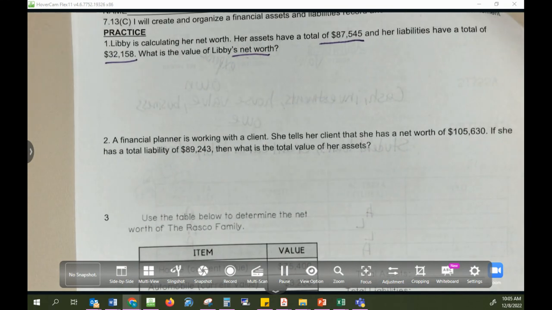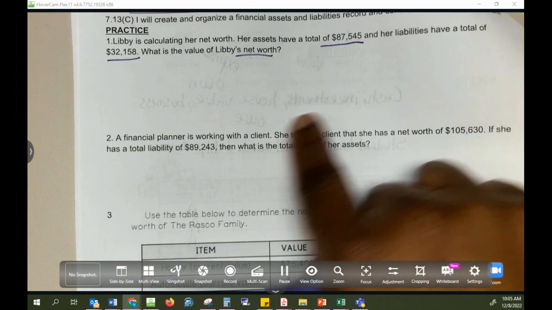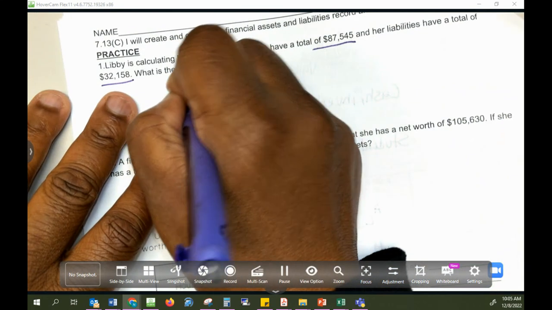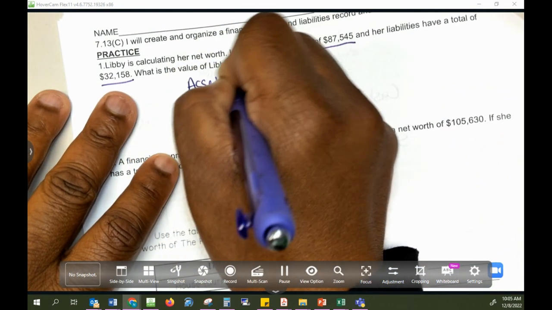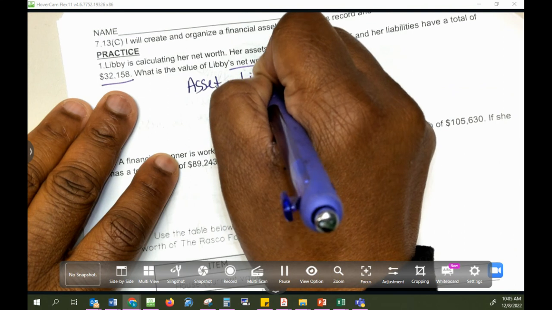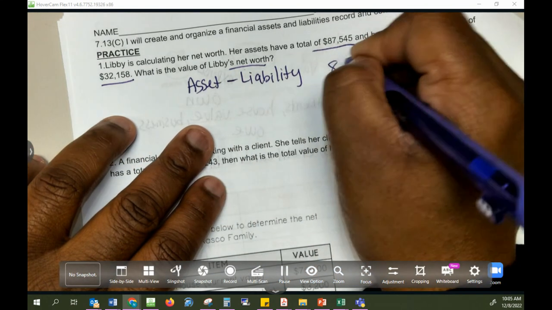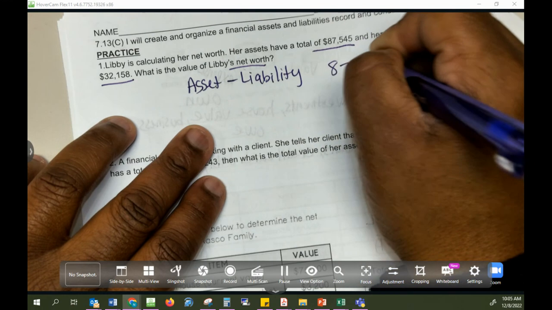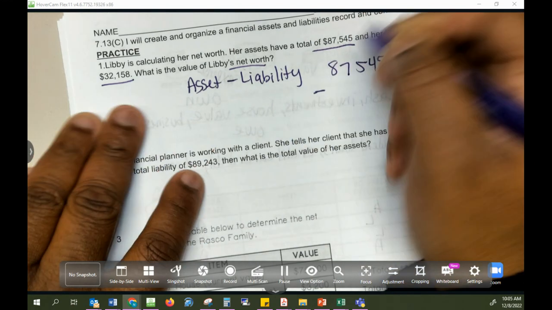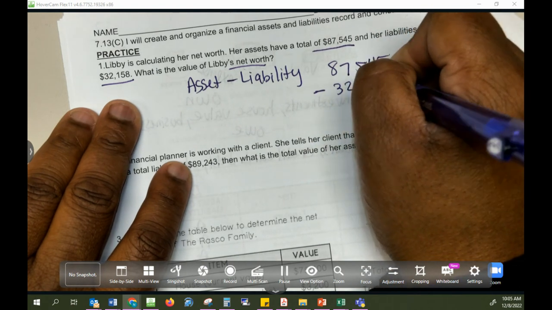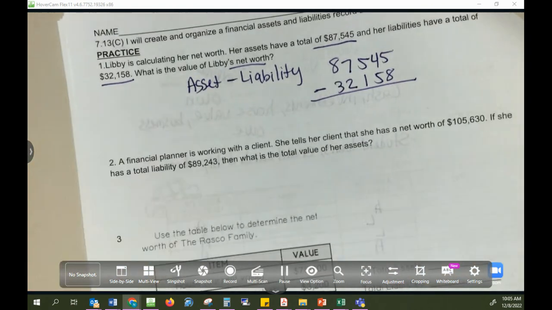You subtract the asset and the liability. That's it. You just subtract these two numbers. So remember, we always want to subtract your liability from your asset. So you're looking at 87,545 subtract 32,158, and you should get an answer.